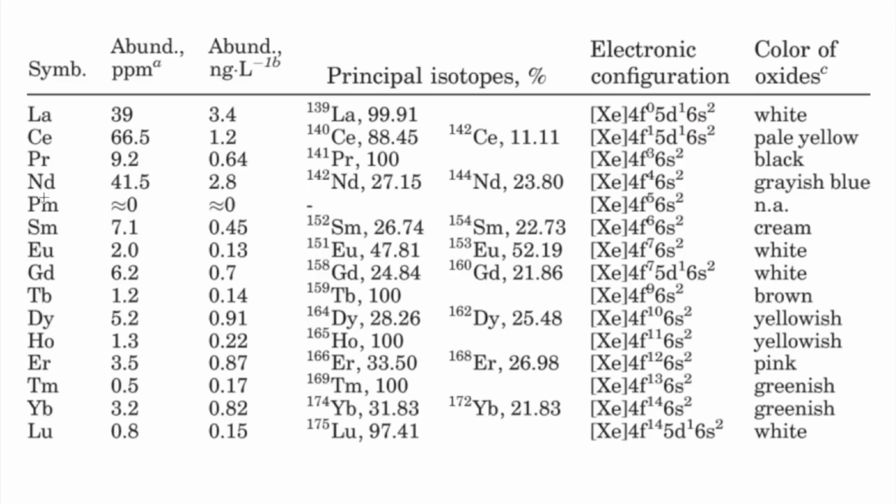What you need to focus on is that promethium does not have any isotope, and its percentage abundance is also 0, because I told you it is not found in the earth's crust. It does not have any color as well. So you need to remember that. The rest of them you just have to memorize.